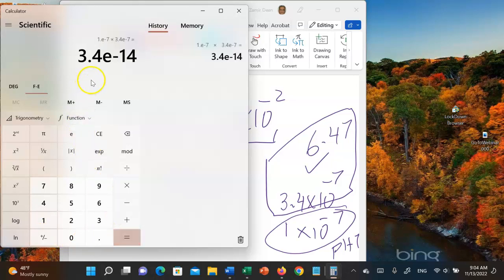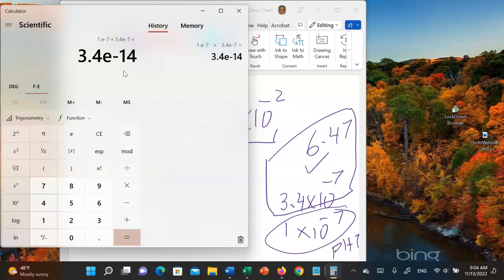There it is, 3.4 times 10 to minus 14. You want to check to make sure that this is correct. Notice that this multiplication is simple enough. 1 times 3.4 is 3.4, and 10 to minus 7 times 10 to minus 7 is 10 to minus 14.